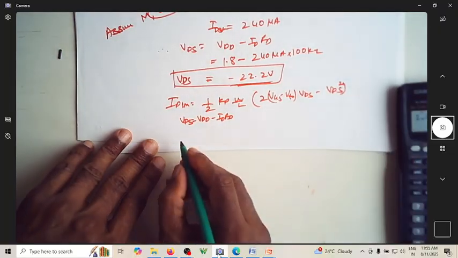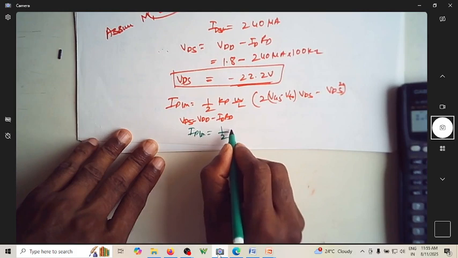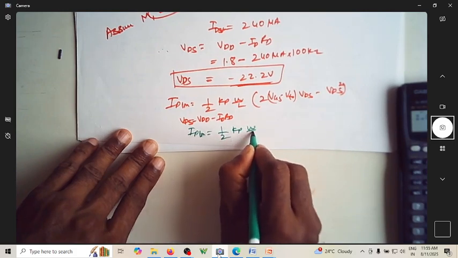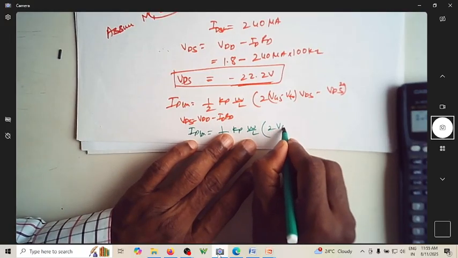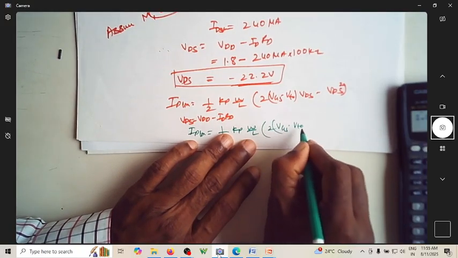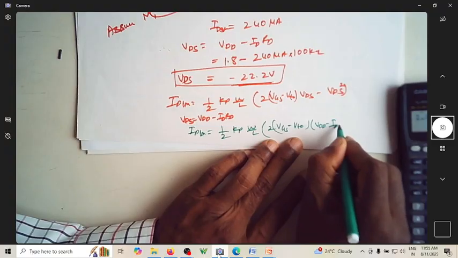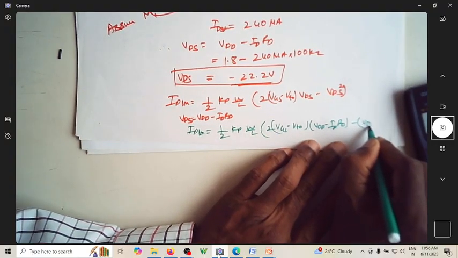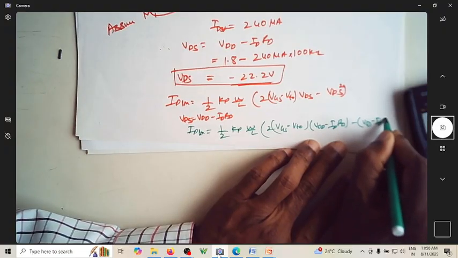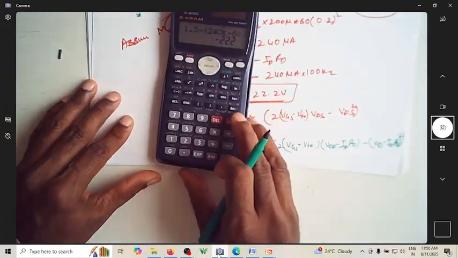So then this comes out to be ID linear is equal to half Kp W by L into 2 VGS minus VTO into VDD minus ID RD, minus VDD minus ID RD whole square. Let me solve for ID.